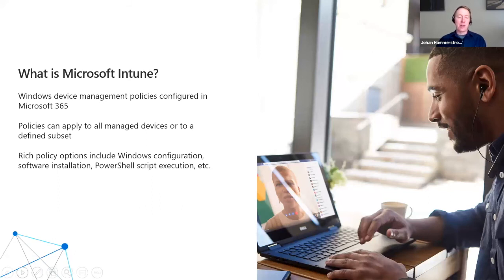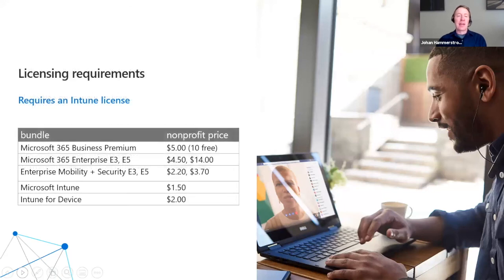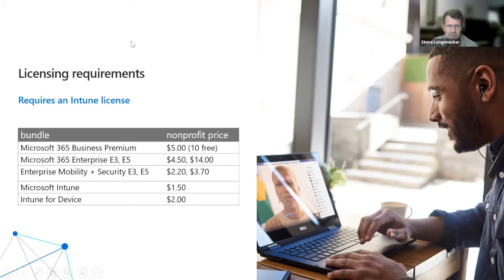But Steve, I was hoping you could walk us through this table. So basically, using Intune and all the automated installation and features that Phil's talking about does require you to have an Intune license, and that can be purchased in a variety of different ways. Correct. Thank you for that accurate introduction.